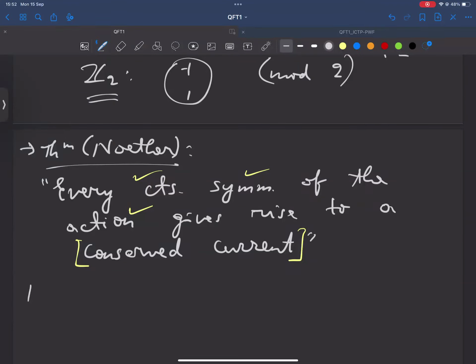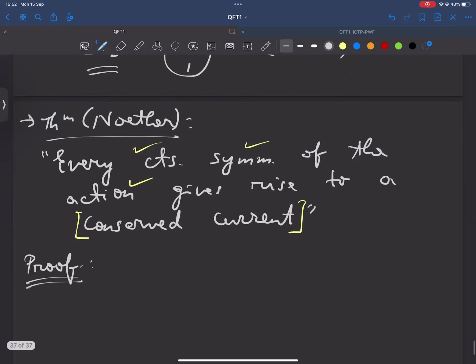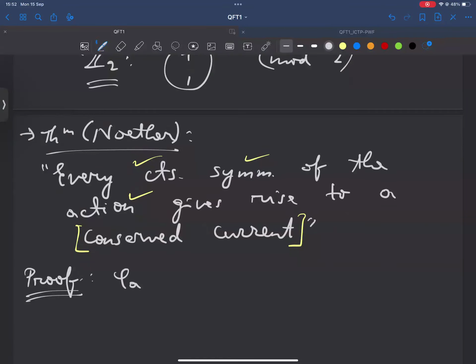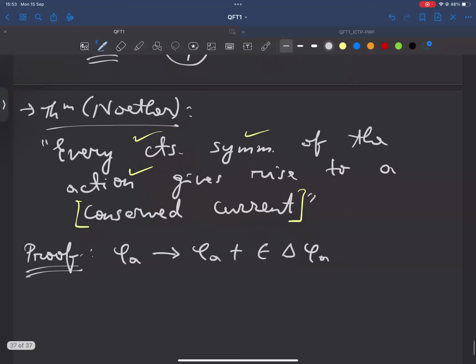Now let's look at the proof of it. Let us consider phi_A plus a small parameter epsilon times delta phi_A. This is some transformation, and we want to consider that the action is invariant under this transformation.